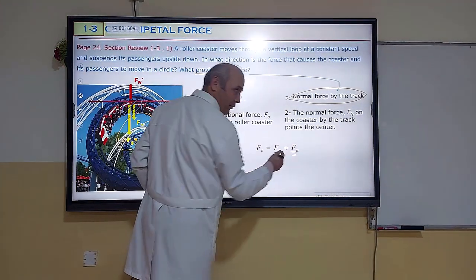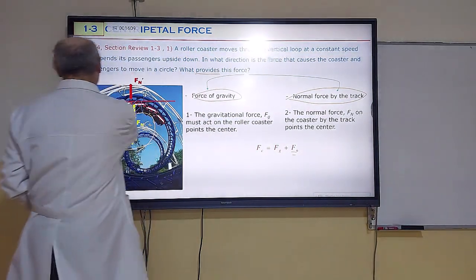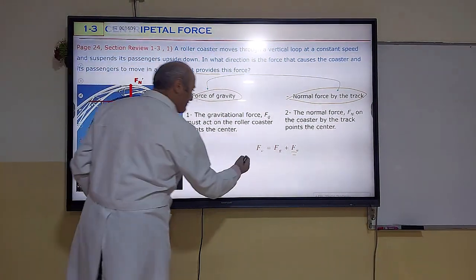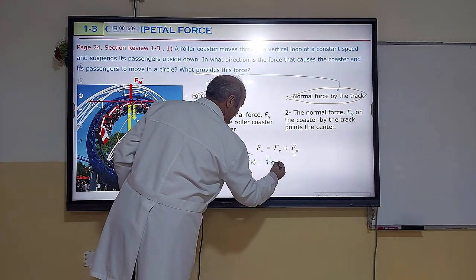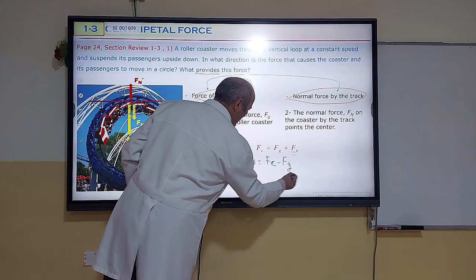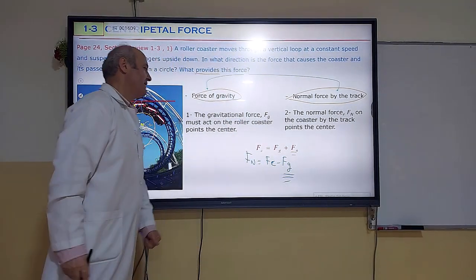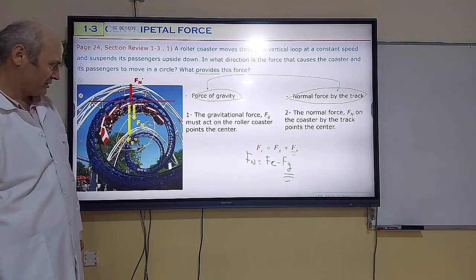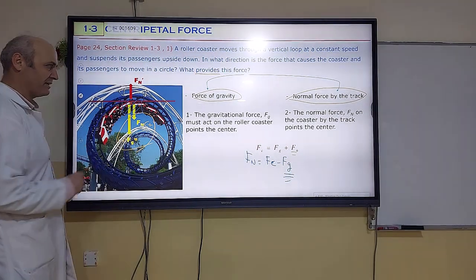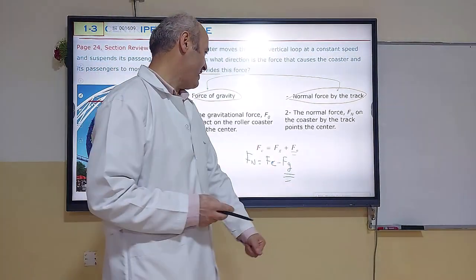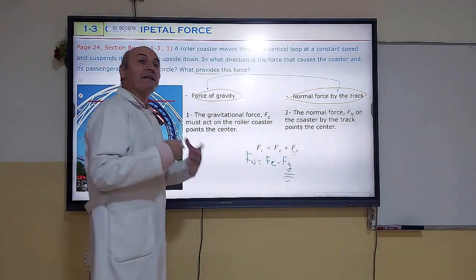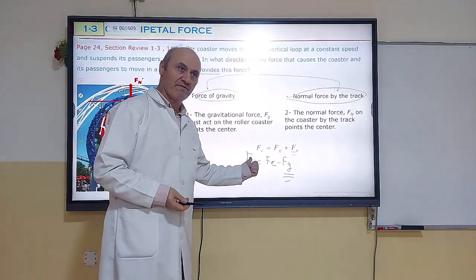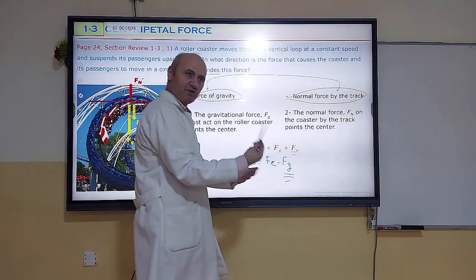If I write the Fn equation, Fn is going to be Fc minus Fg. Did I write it correctly? Fc minus Fg, that's correct. Fn is equal to Fc minus Fg. Fc must be greater than Fg to get an Fn.